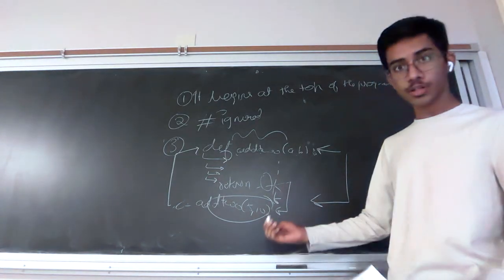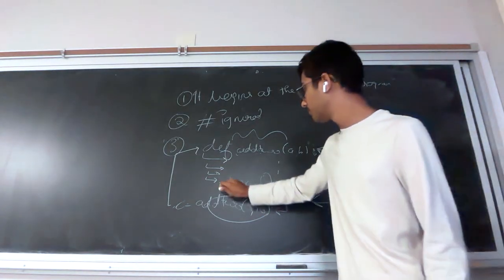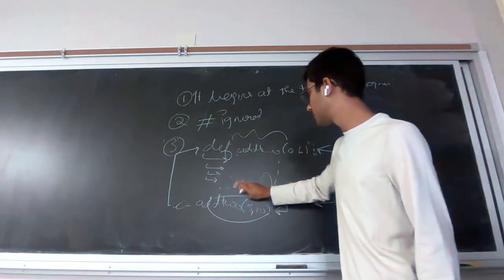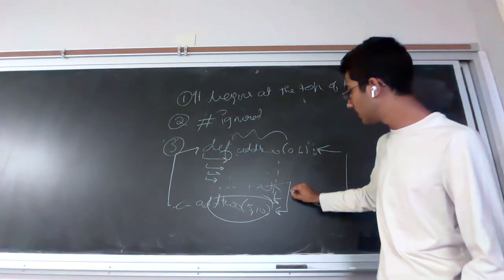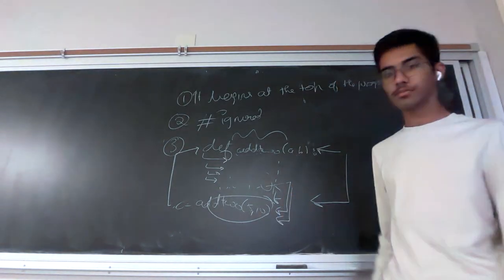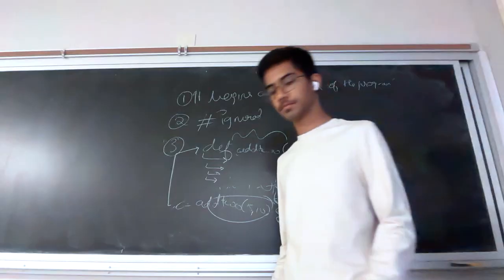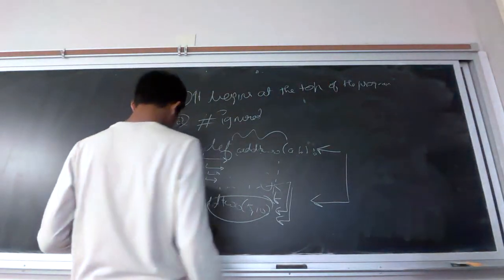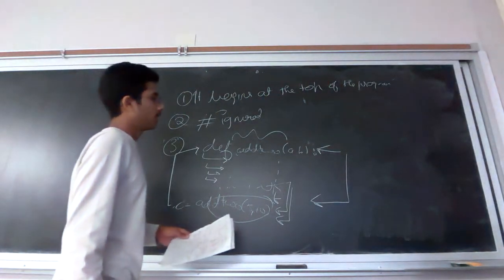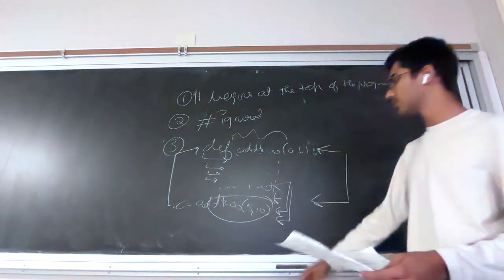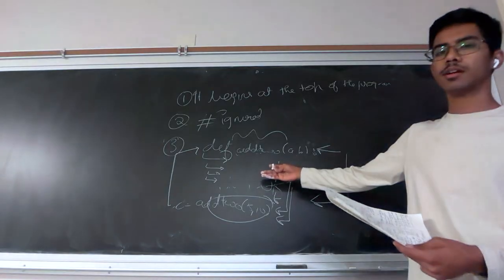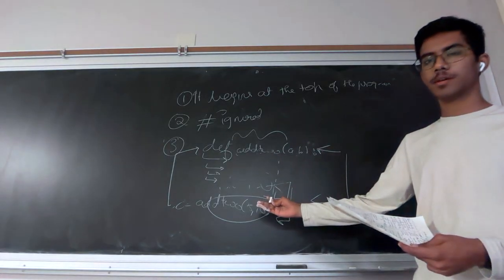But if there is no return statement, let's say that this return statement is not there, then it jumps to the line after the function call statement. And similarly, you can also notice that when we had a return statement, it immediately jumped to the caller part.